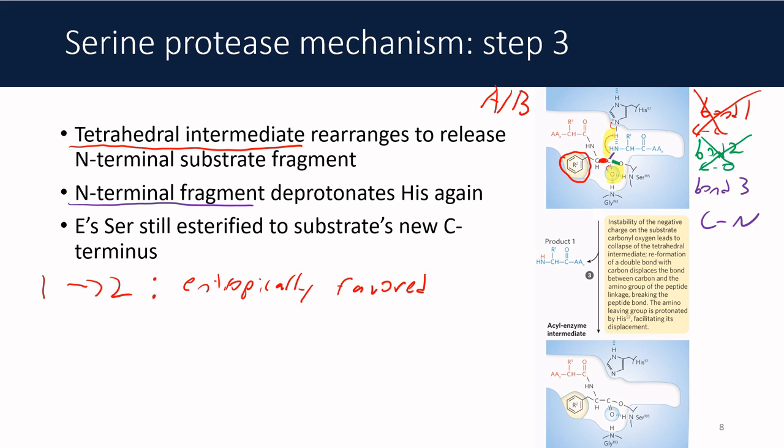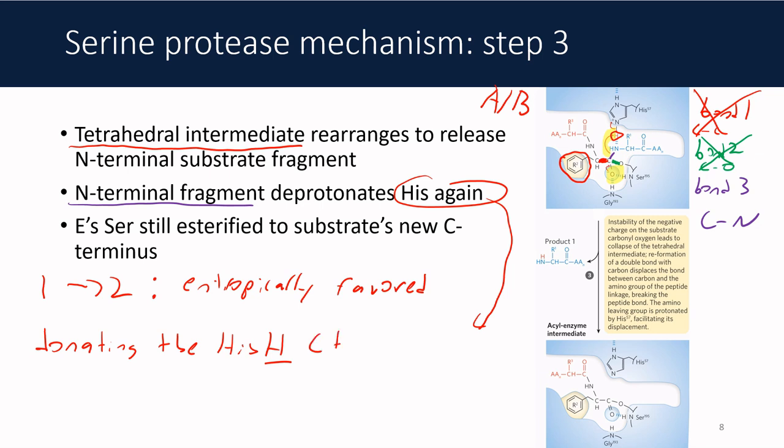Think about the consequence of this instance of acid-base catalysis. The proton over here that we're now passing on to the N-terminal fragment, that used to belong to serine. We're donating the His-H proton that began on serine in the very first step.